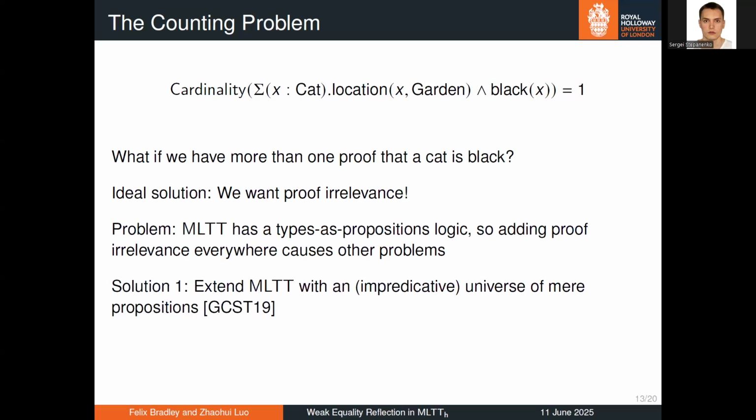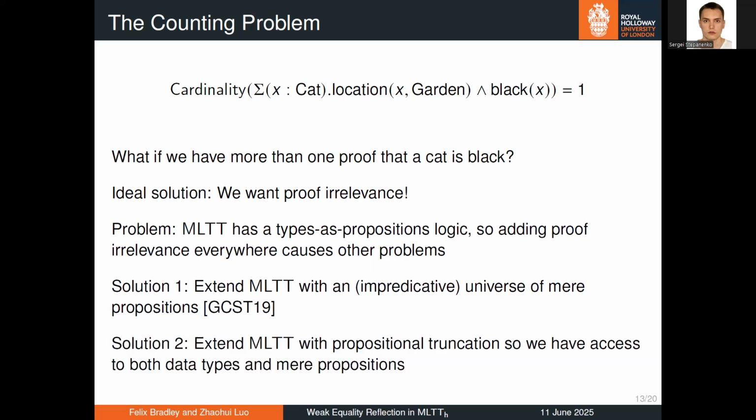There's one solution which I found in a paper by Gilbert and others, where they talk about extending MLTT with an impredicative universe of strict propositions. And that's quite interesting. But there is a problem in that it assumes stuff like propositional resizing, which we don't necessarily want to immediately assume. We want to try and take a more bare bones approach if we can.